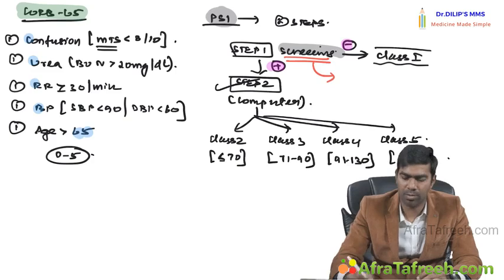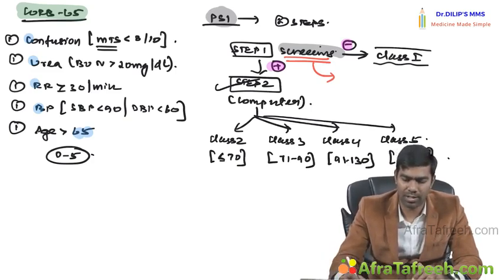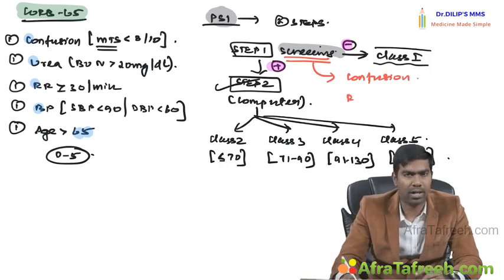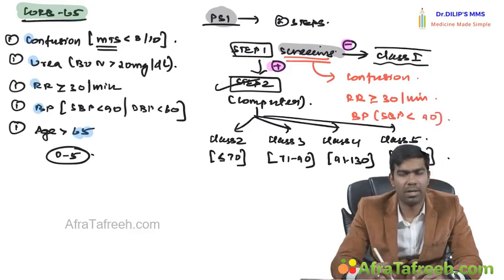So what are the screening points that you have? It's a little bit similar to CURB-65 in the sense that this also will include confusion. This will not include urea. Instead, it will include a respiratory rate of more than or equal to 30 per minute, and BP in the form of SBP less than 90 millimeters of mercury.